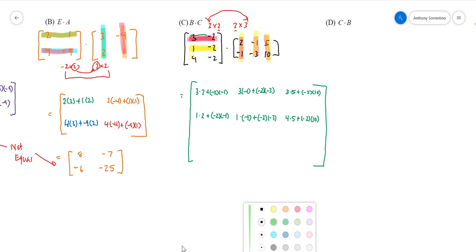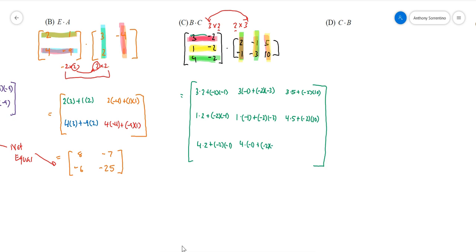And now I move on to the last row. So this row and this column, I'm going to have 4 times 2 plus negative 2 times negative 1. This row and this column, I'm going to have 4 times negative 1 plus negative 2 times negative 3.